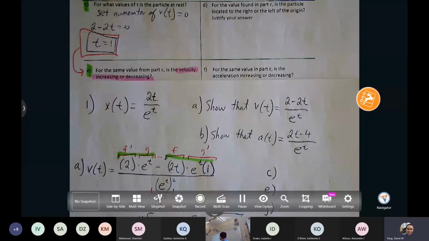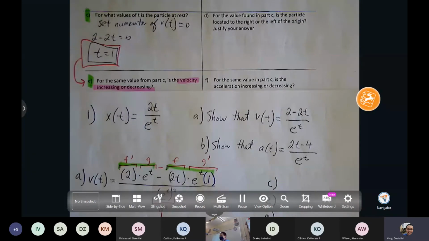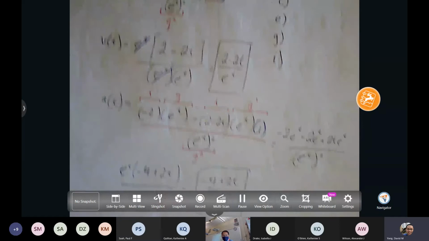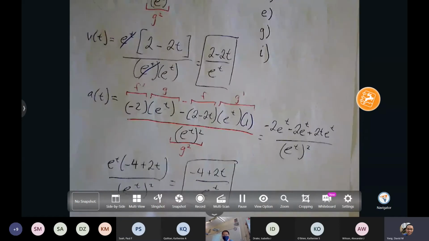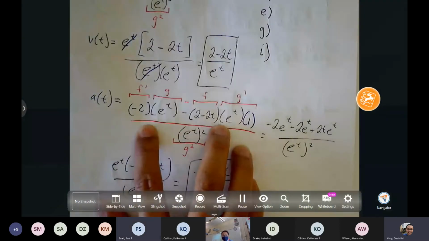All right. Any questions? Mr. Yang, I have a question. Yes? Back to the acceleration one, why is f prime -2 and not 2, or -2 times e to the t instead of +2? Let's see. Are you talking about the velocity or the acceleration function? Acceleration.